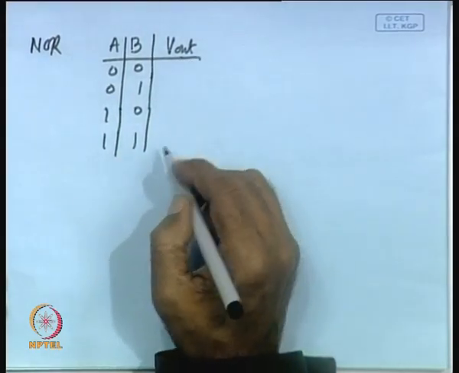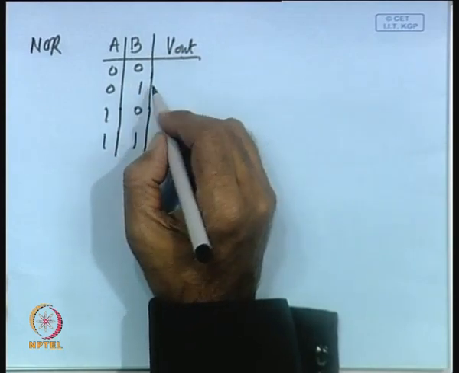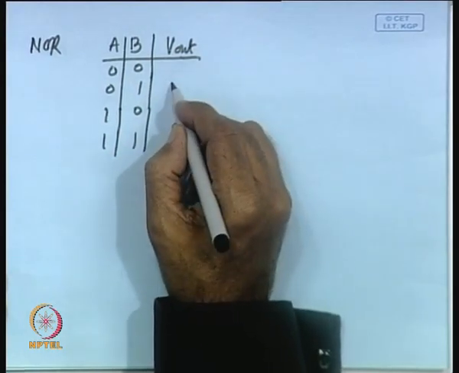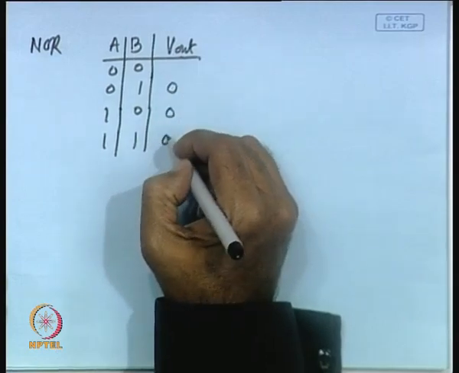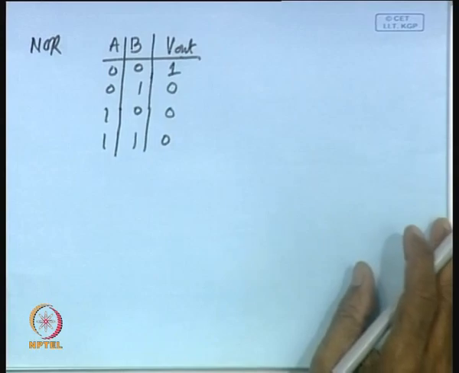When will it be 1? As you know, for OR gate, for these three the output is 1. So, in this case this will be 0, and only for 0 0 the output will be 1. That will be the case for NOR gate.